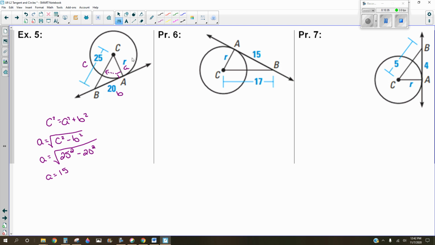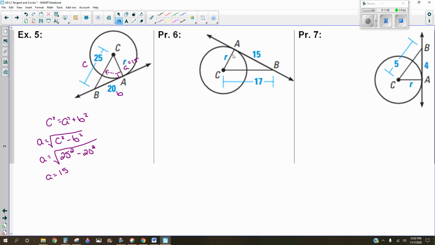So my radius is 15. Okay? So this is back in the Pythagorean. This is not new. It looks new, but it's not. Tangent line just means we have a right triangle. So let's go back to the Pythagorean theorem and the converse and figure out what we did before.